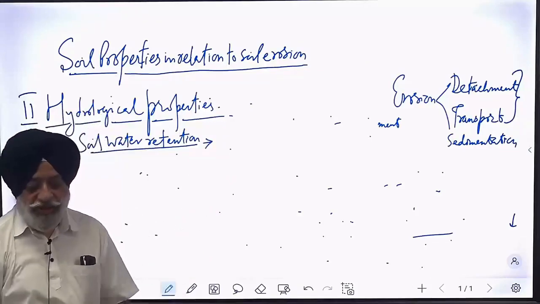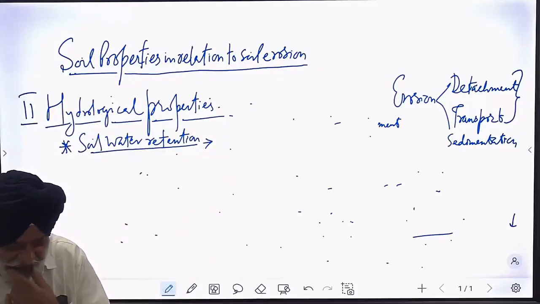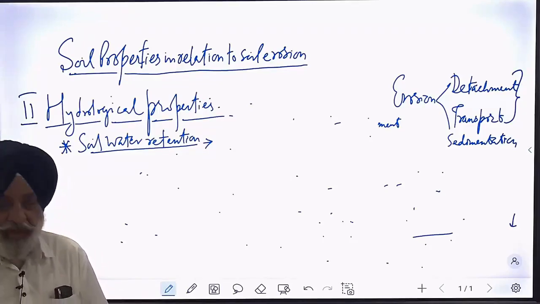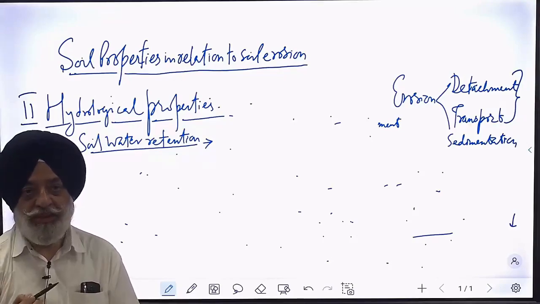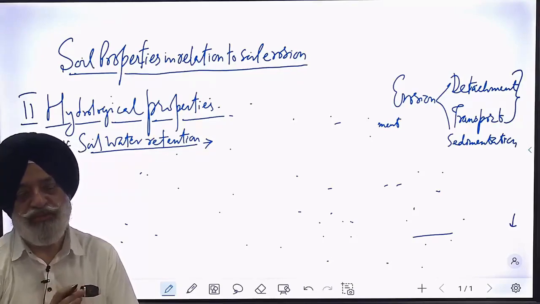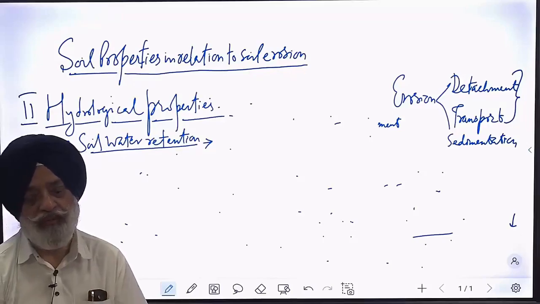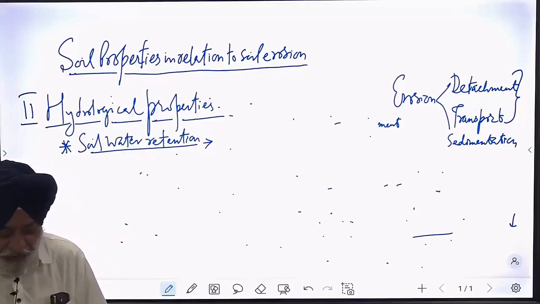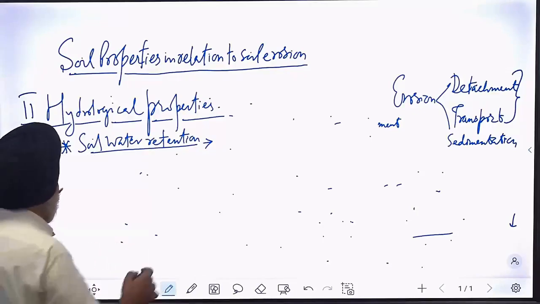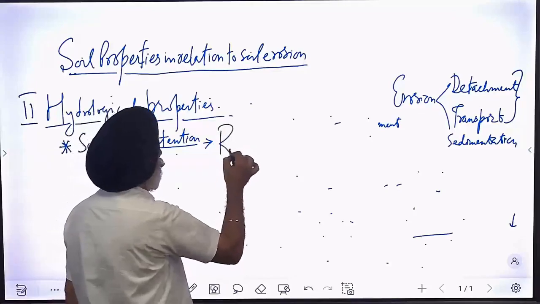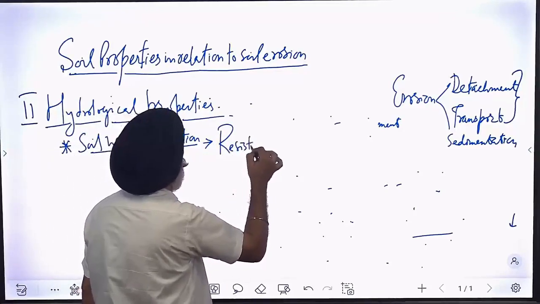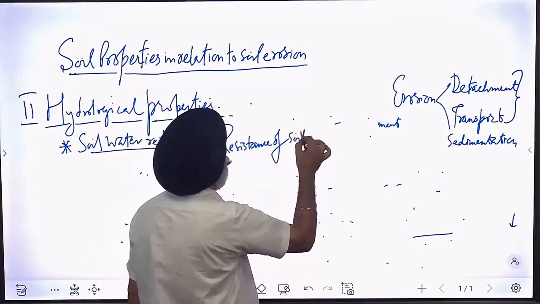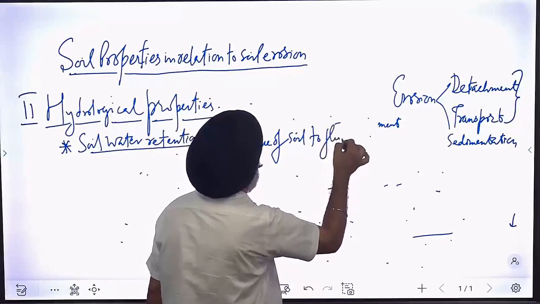Some soils retain more moisture than others. So, the soils which resist the effect of this moving runoff water, which is moving through the soil, or you can say fluid drag. The resistance of soil to fluid drag.